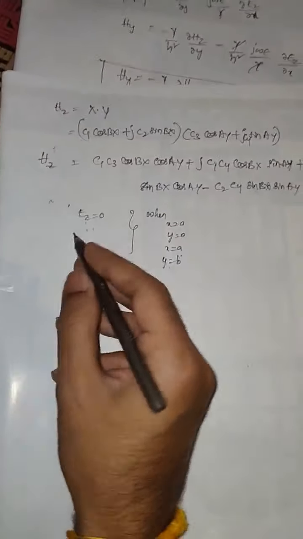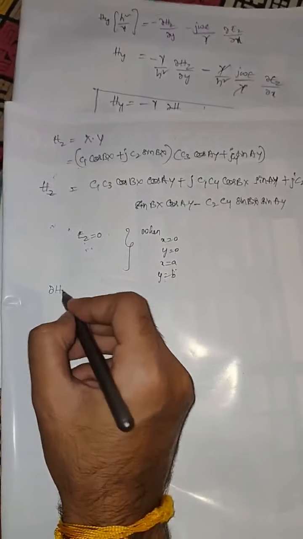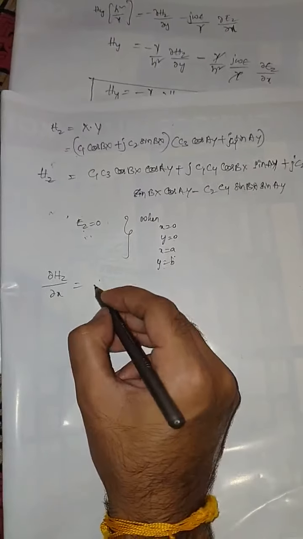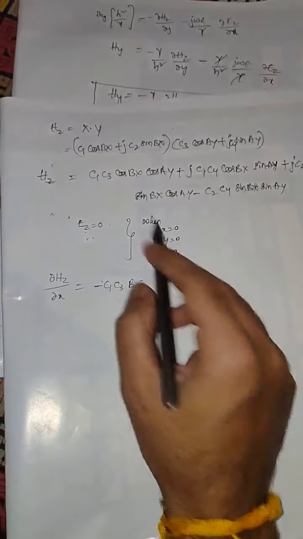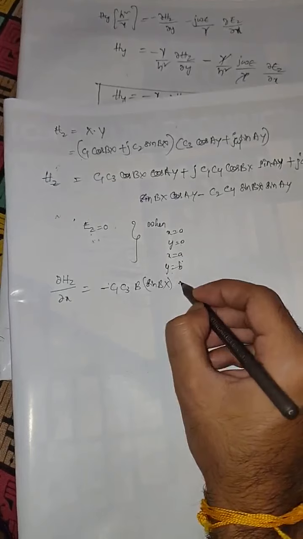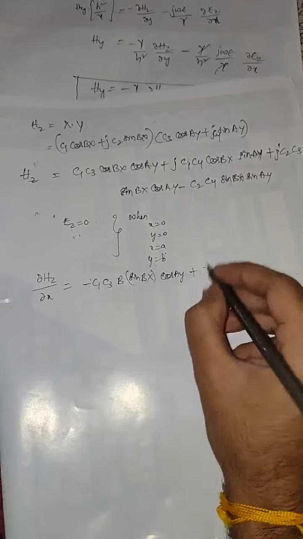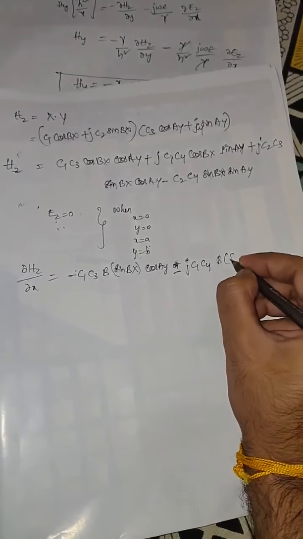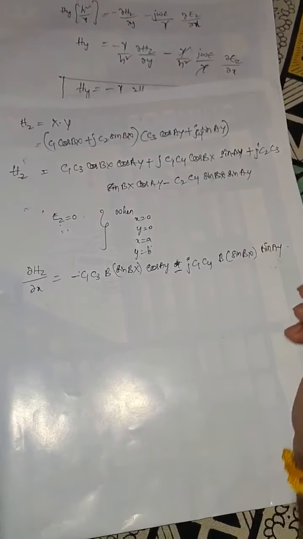Okay, so now this is the actual equation. In this equation, I am differentiating with respect to x. So I will get minus c1 c3 b, since the differentiation of cos is sine, so sin bx multiplied with b, again cos ay, plus here also you will get minus j c1 c4 b multiplied with sin bx sin ay.